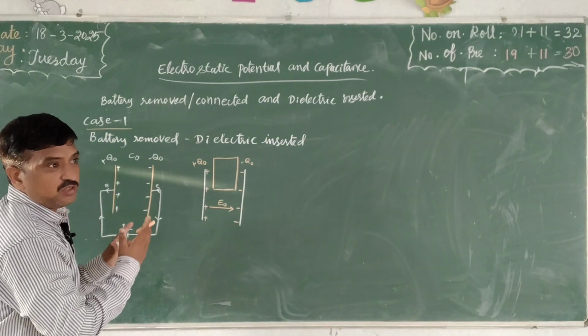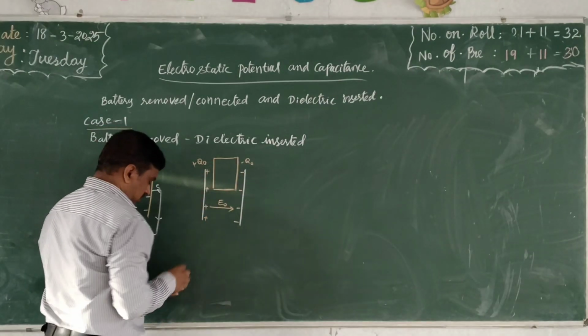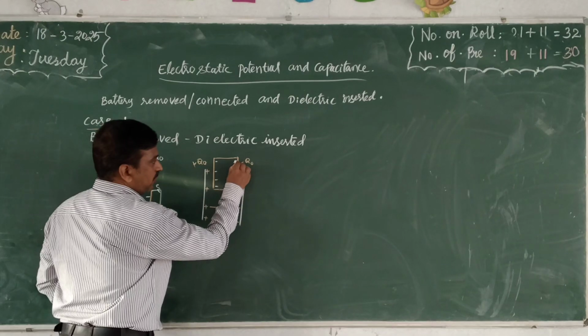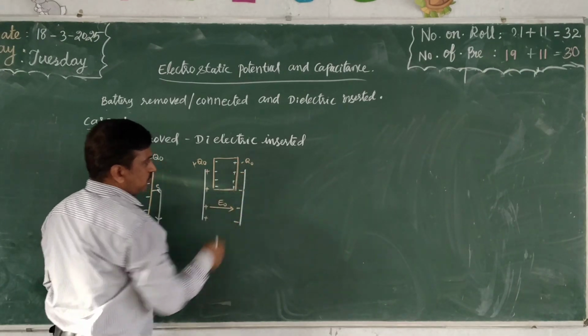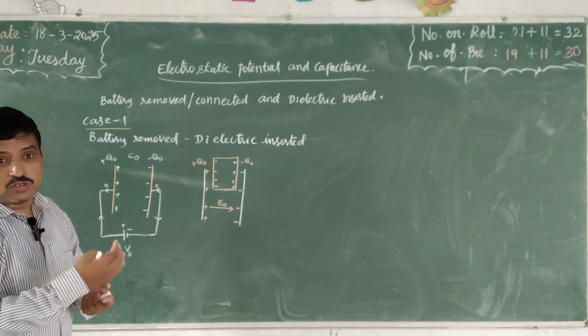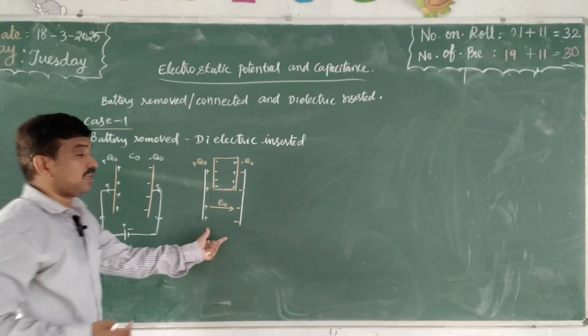Positive charges go to one side and negative charges to the other. Here a negative charge develops, and there a positive charge develops. These positive and negative charges mean an induced electric field is developed, which always opposes the external electric field.